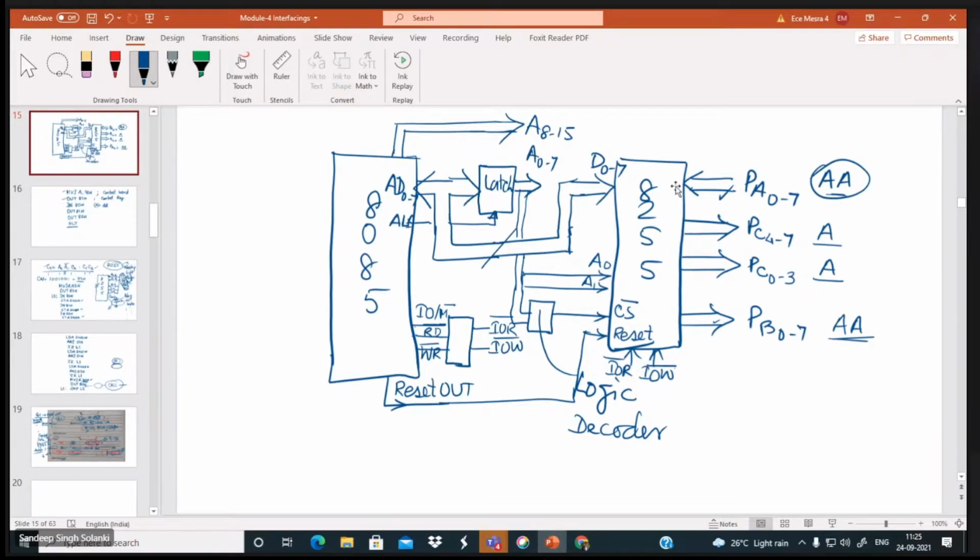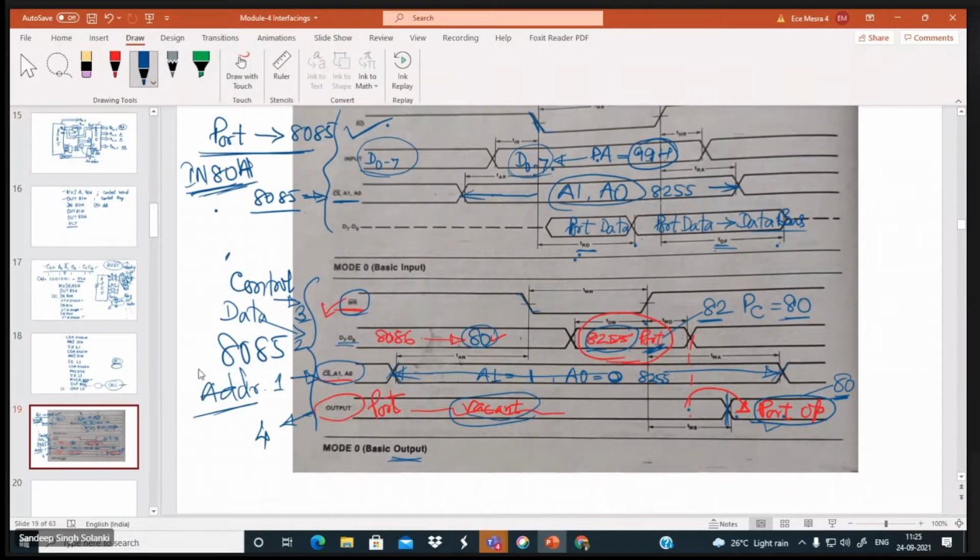Yes? Yes, sir. So when it passes through some circuitry, it will consume some time. Consuming means the data has to travel from here to here. For that you will have this filling time.